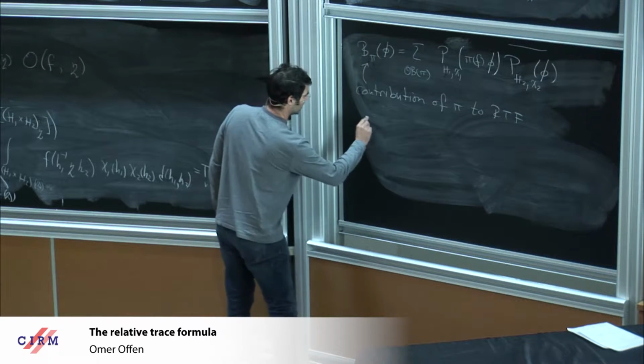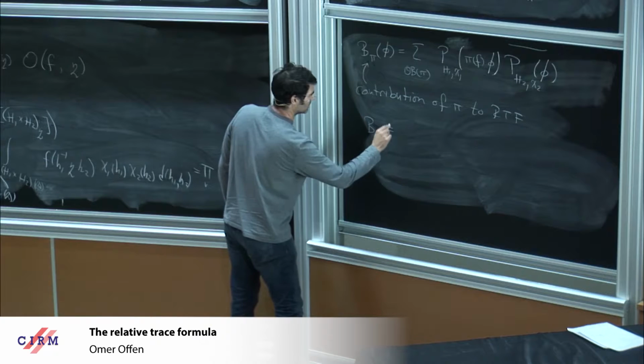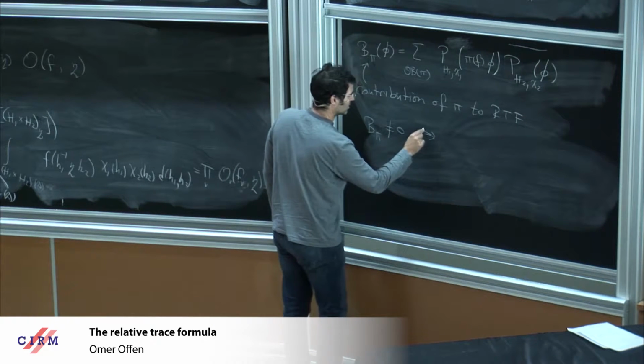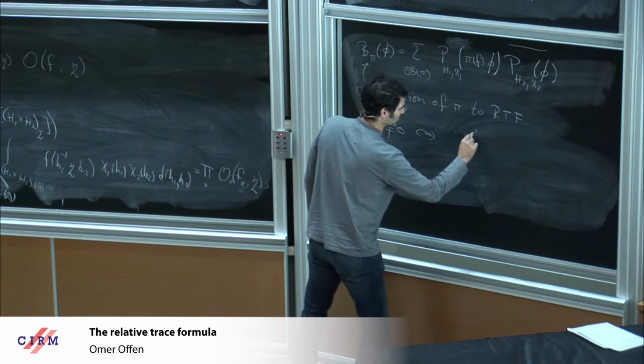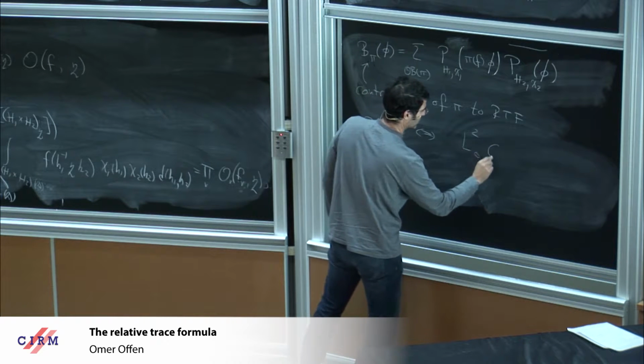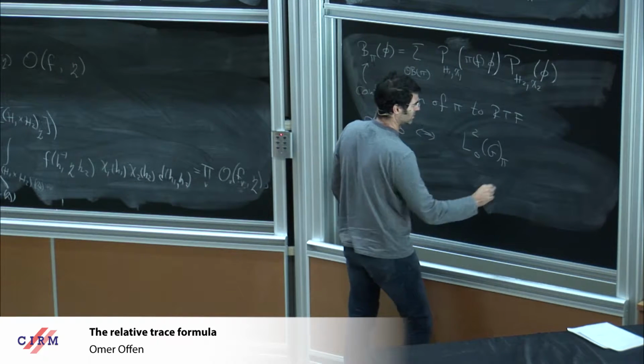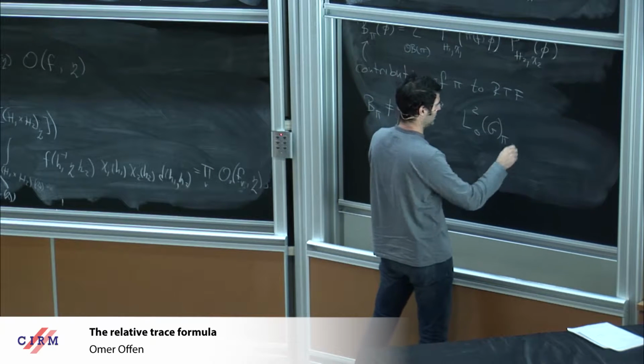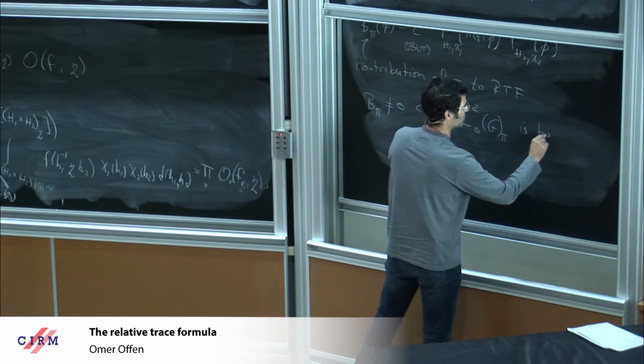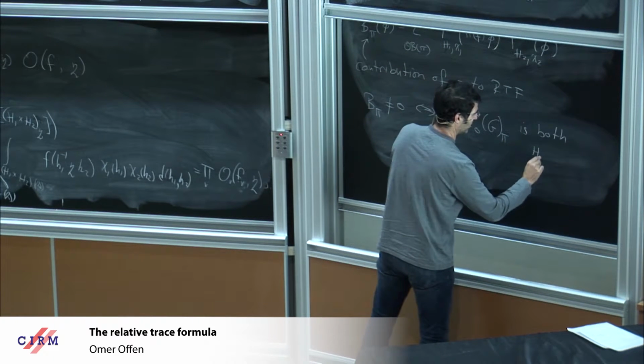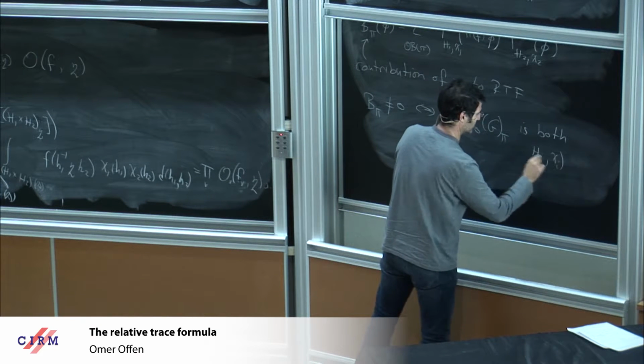Right, so the distribution is not identically 0 if and only if, well, not quite pi, but the isotypic part of pi is both H1, chi1 and H2, chi2 distinguished.